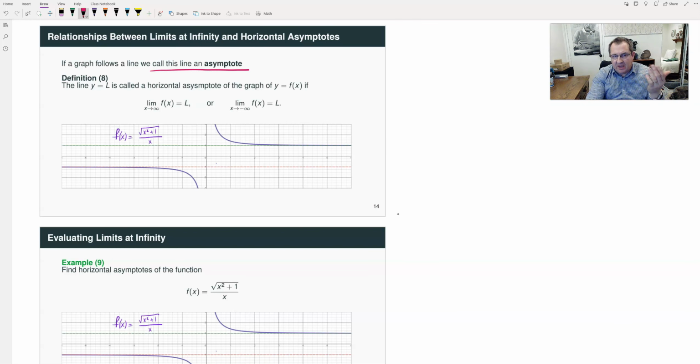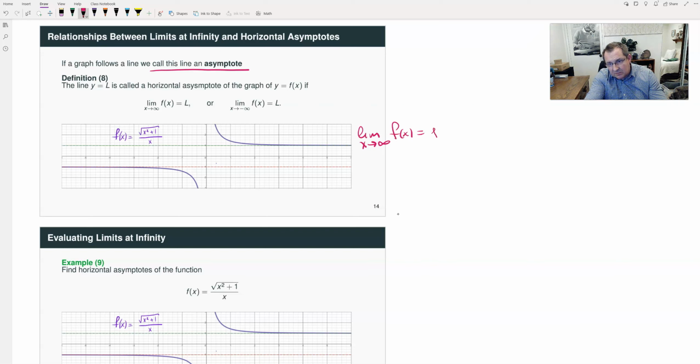So horizontal asymptotes are connected to limits at infinity. In particular, you can see that as the graph follows a line, it is approaching the value, in this particular case, of 1 as x goes to positive infinity.